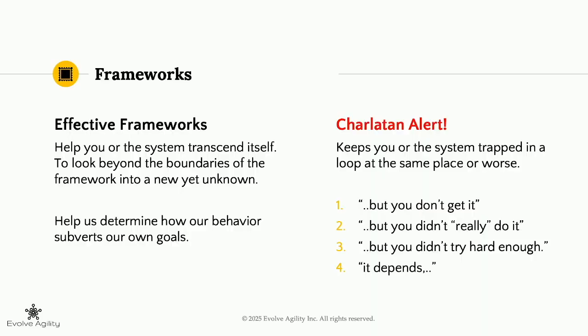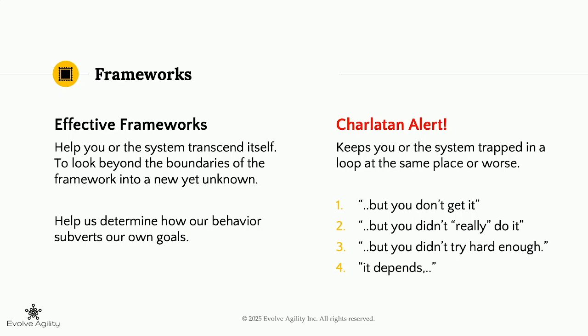Here's a way to test. If the framework is effective, then you are going to transcend that framework and look into a class of problems that are different than when you adopted the framework. You'll see this in organizations that have been practicing Scrum or Kanban effectively: after multiple years, the vocabulary of Scrum just becomes the norm, and they start to extend it beyond the basics of the Scrum framework.